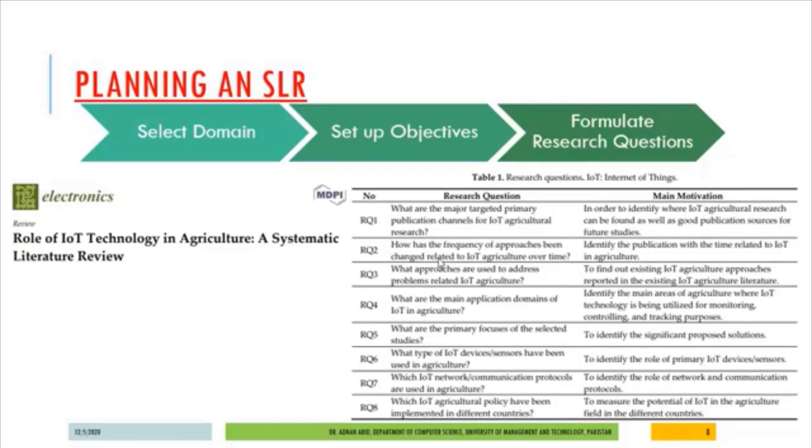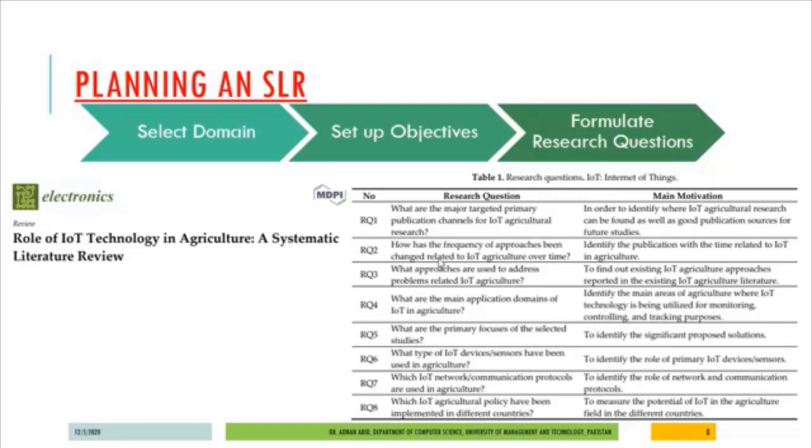So if everything is clear and we are good to go, then we do these 3 things. We select a domain, we set up objectives, and we formulate research questions. Objectives and motivations are actually materialized by formulating the research questions.